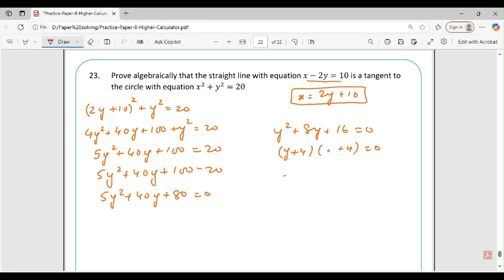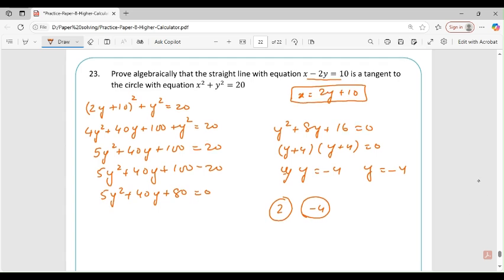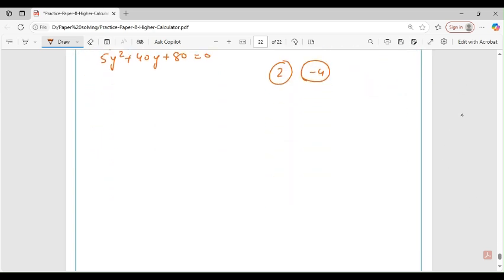So y equals negative 4 and y equals negative 4. That means there is one point only. So when y is equal to negative 4, x is going to be equal to 2. This is the one coordinate where the line is going to be touching the circle. That means it is a tangent.